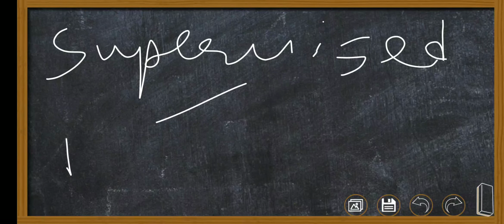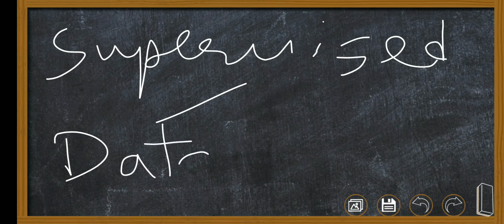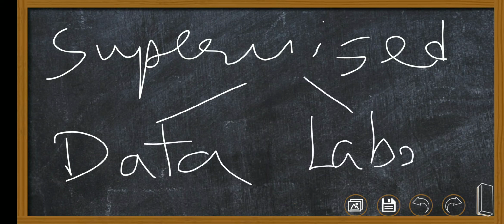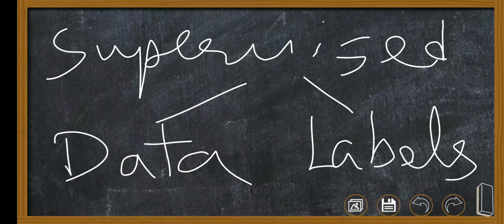The first one being the data itself, and the second one being the labels. Data is any form of information that is present as input information to the computer. Labels are basically the names or characteristics that are assigned to a particular data form.